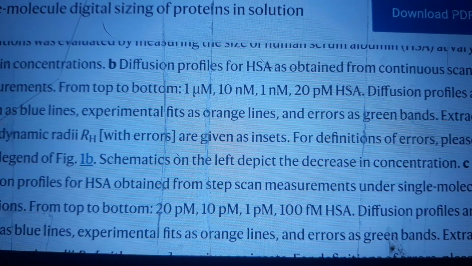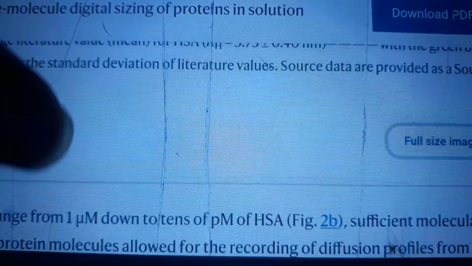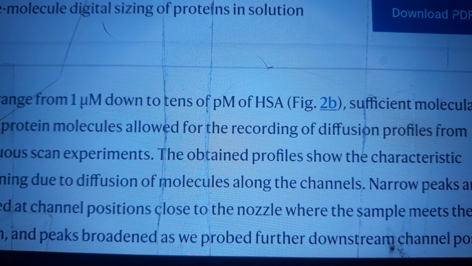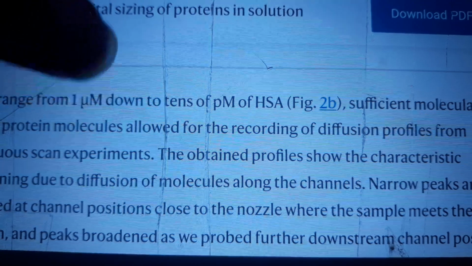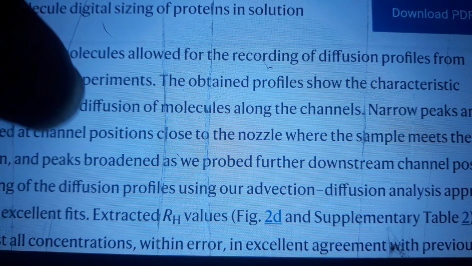Diffusion profiles of HSA as obtained from continuous scan measurements are shown from top to bottom. In the range from 1 micromolar down to tens of picomolar of HSA, sufficient molecular flux of HSA protein molecules allowed for the recording of diffusion profiles from continuous scan experiments.